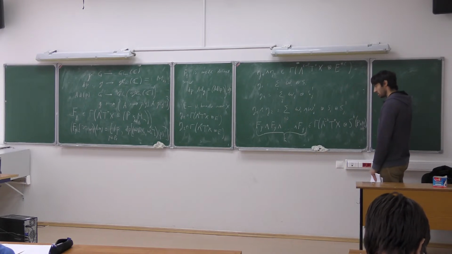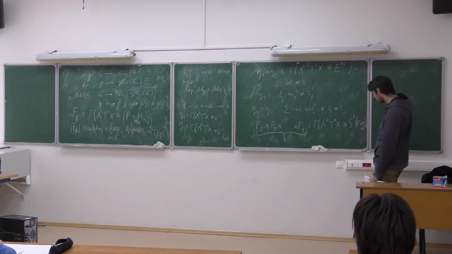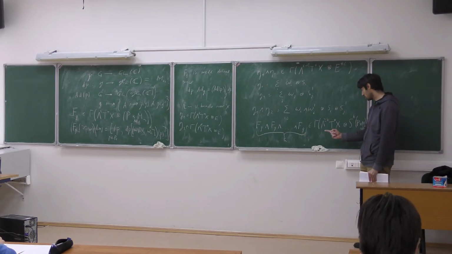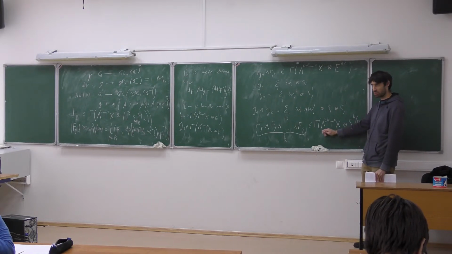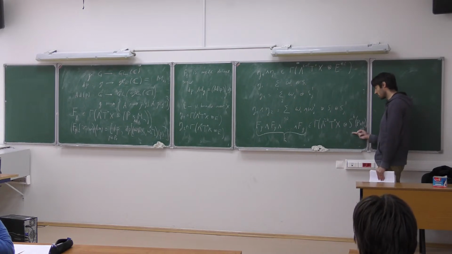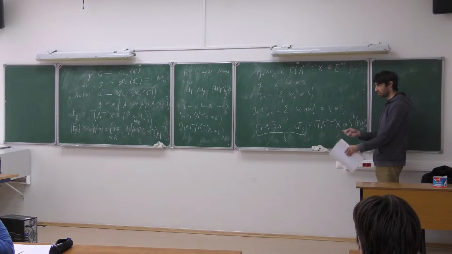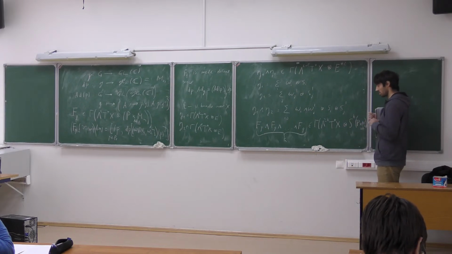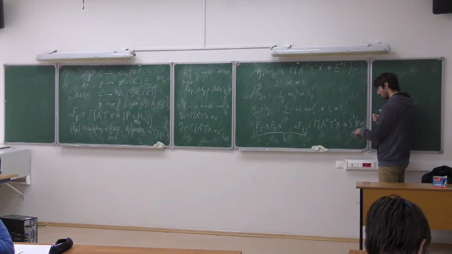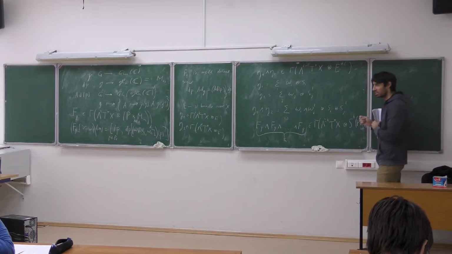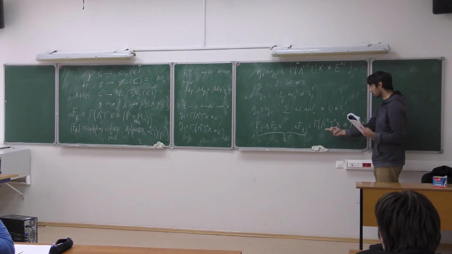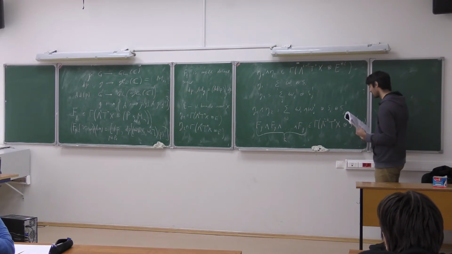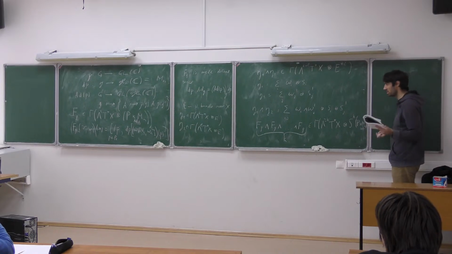And finally, my final goal is to have a section just of this, right? So I would like to take sections of this and make just functions out of them, functions on X, right? So I would like to take this to C actually. Then out of this I can create some real 2k form on X with values in C.